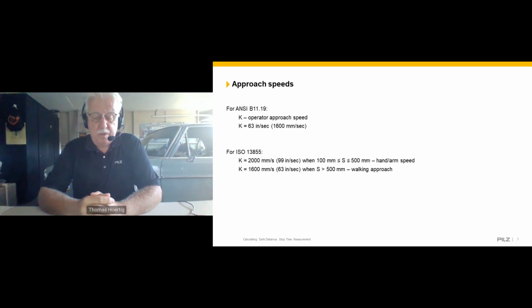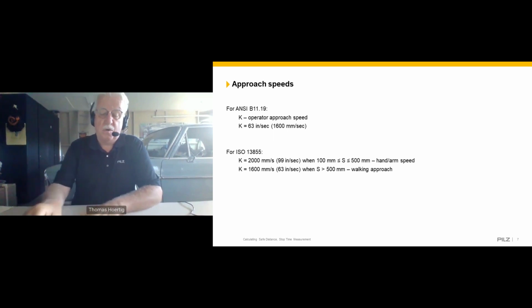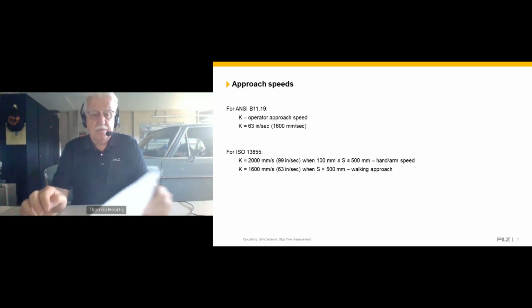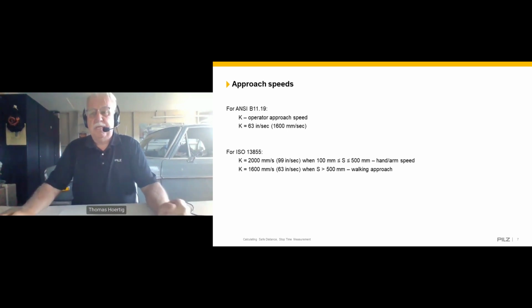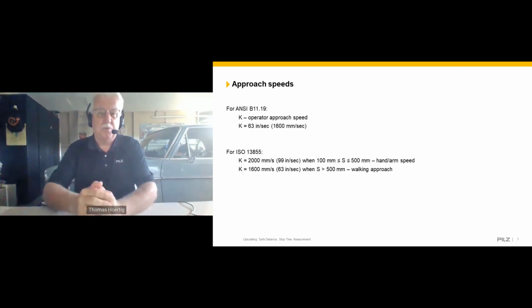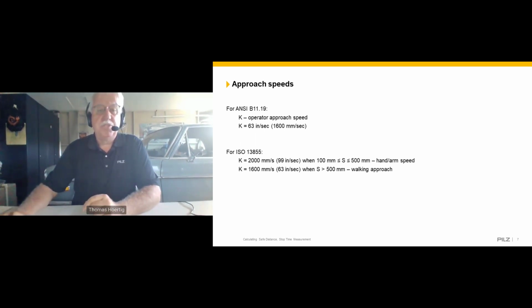When we are further away, more than 500 millimeters from our hazard, then we have an approach speed of 1,600 millimeters or 63 inches per second, and this is called the walking approach. Again, you have to look at your application and what speeds you need to choose based on distance and the situations of the person approaching your machine.